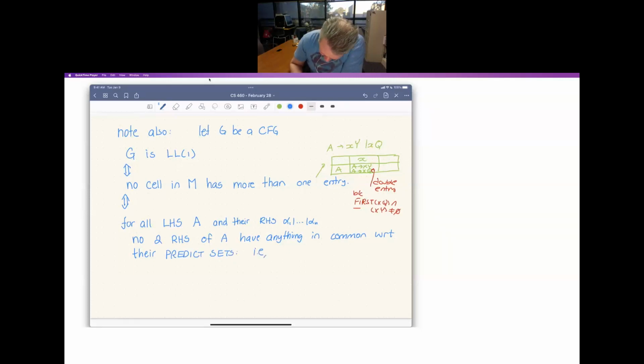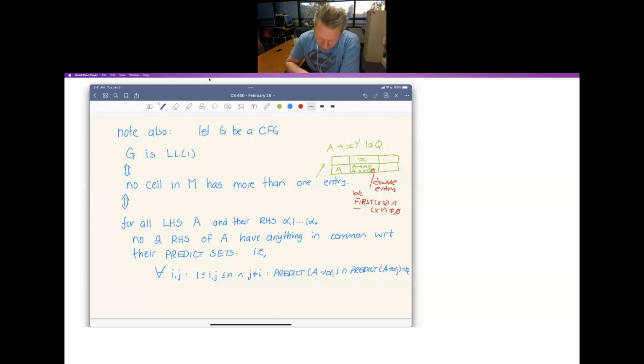That is, for all i and j where 1 is less than or equal to i and j is less than or equal to n, and i and j are different, if I look at the predict set of A goes to alpha i and the predict set of A goes to alpha j, then I get the empty set.